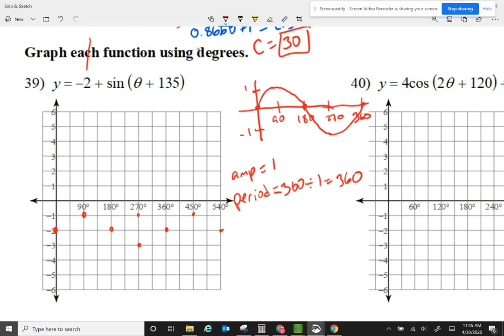And then I'm going to shift it 135 degrees to the left. Now, notice that 2 spaces is 90 degrees. So wouldn't 3 spaces be 135? Because each little square is 45. So I'm going to move everything 3 squares to the left. So let me go in blue. I'm moving each of my points 3 to the left.